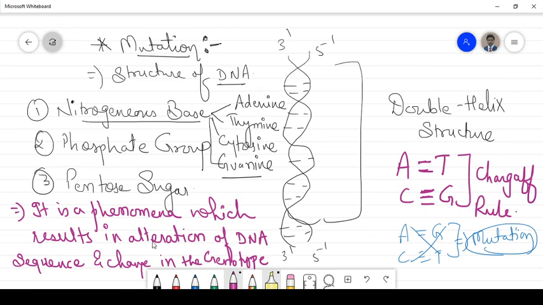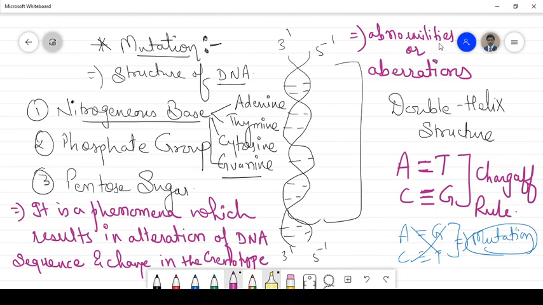Okay, now this alteration, the changes in the chromosome, will lead to certain abnormalities, or we can say it leads to aberrations. They will lead to what, children? That is known as aberrations.